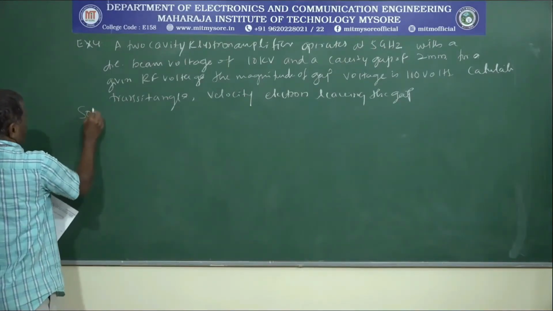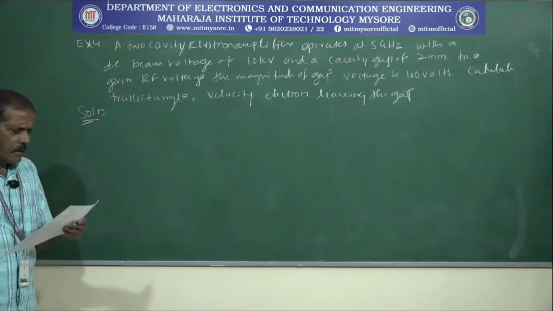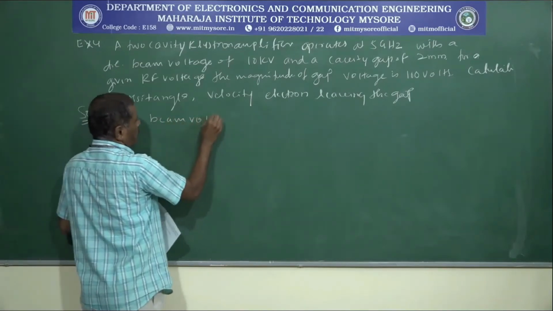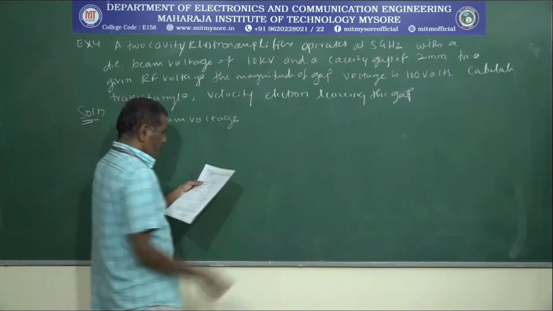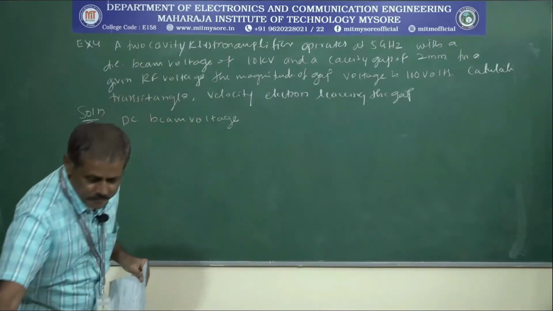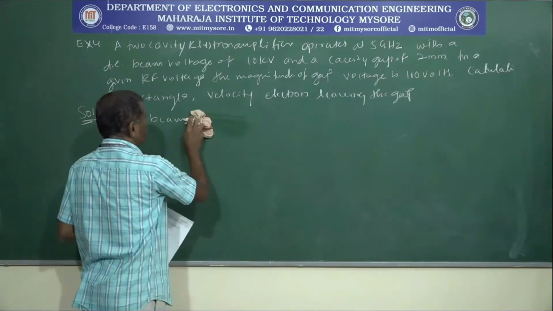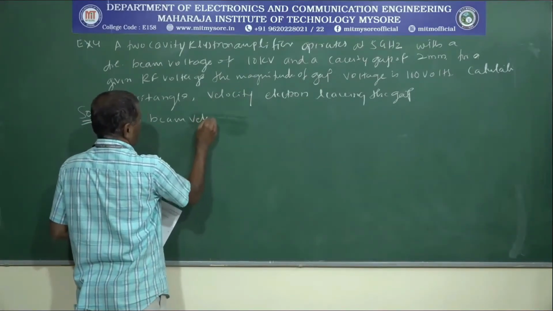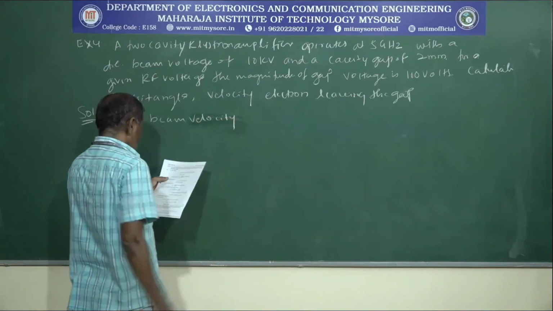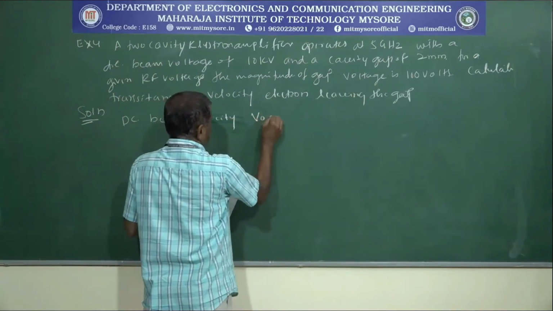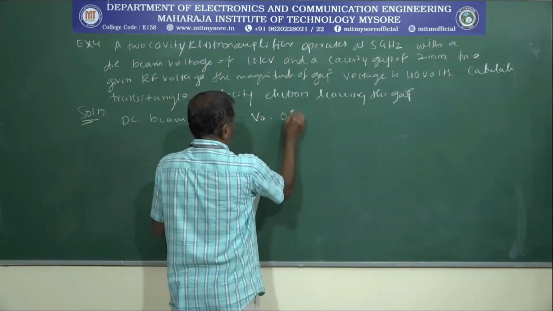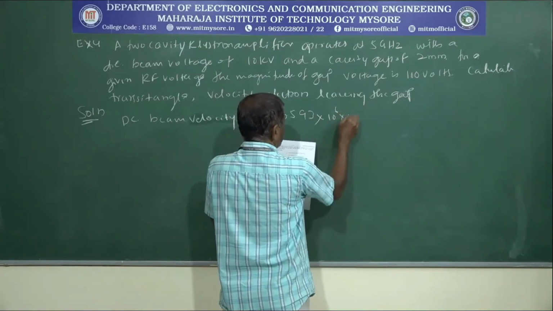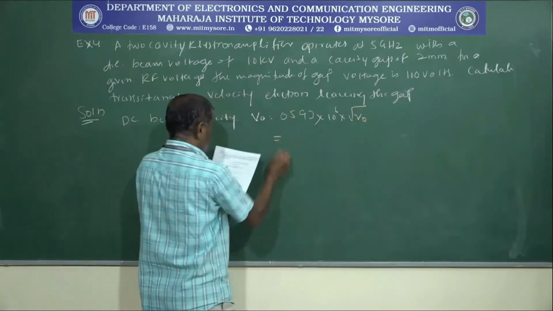Okay. Now DC beam velocity is given by V0 equal to 0.593 into 10 to the power of 6 into root of V0.